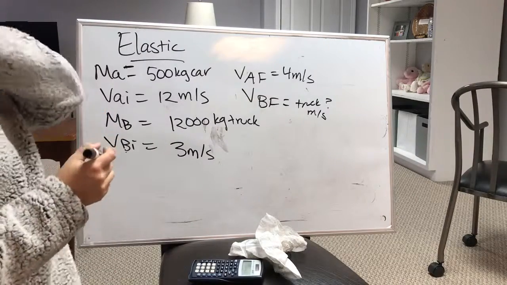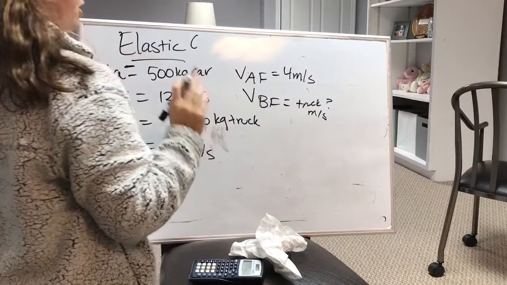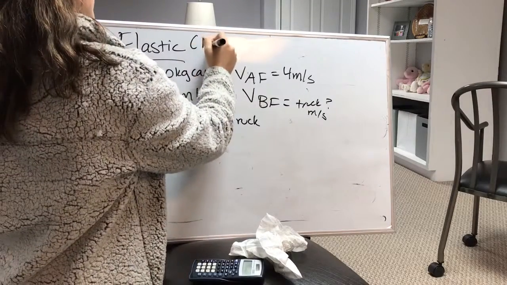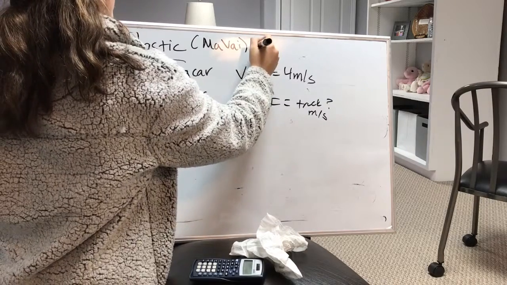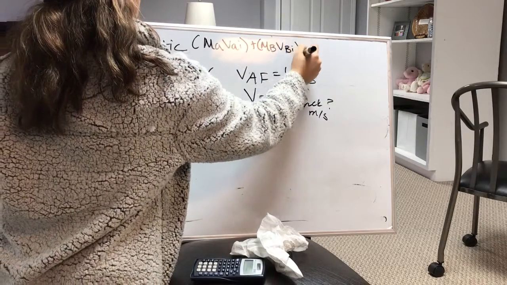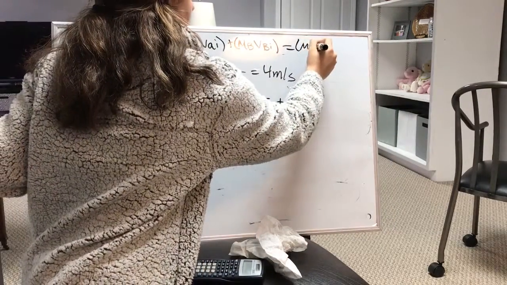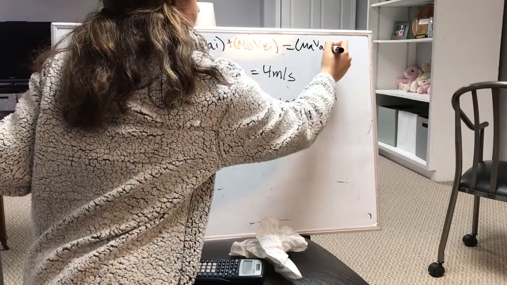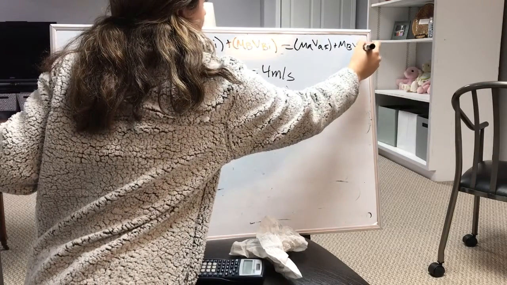So, in order to do this, we need to know that in an elastic collision, the equation you need to memorize is mass of A times the initial velocity of A plus the mass of B times the initial velocity of B is equal to the mass of A times the final velocity of A plus the mass of B times the final velocity of B.